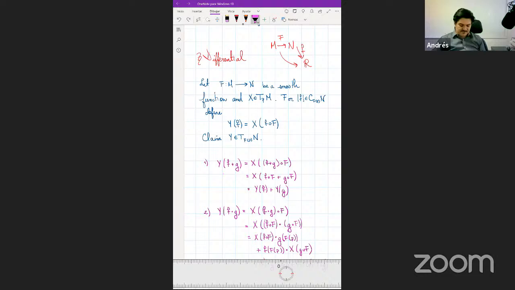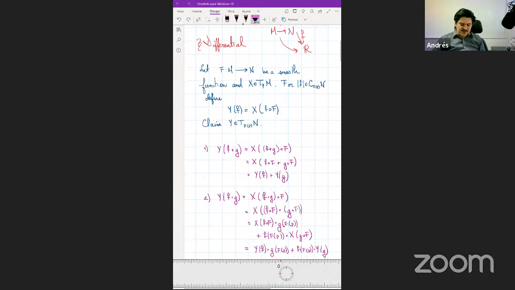So using the definition of Y, we get this. So it follows that this definition makes Y into a derivation on the germs of functions at f of P. Right, so we have a derivation. This is true.